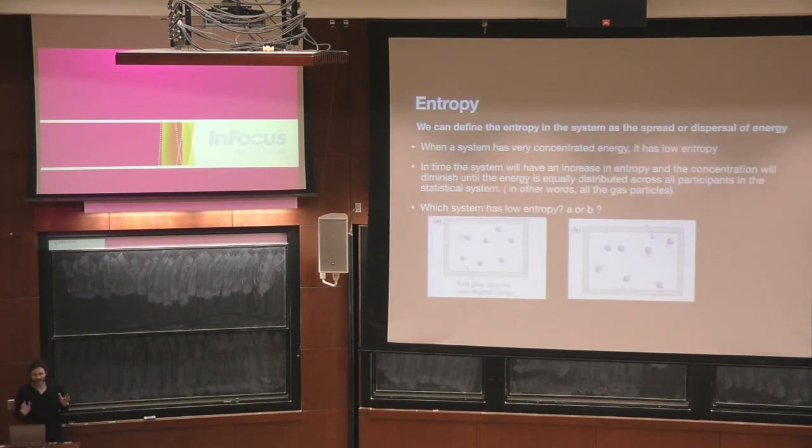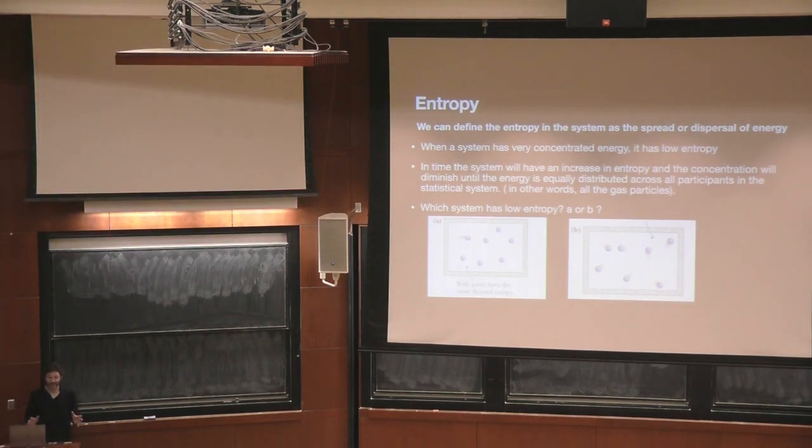So now we can define entropy as the spread or dispersal of energy. When a system has very concentrated energy, it has low entropy. And in time, the system will have an increase in entropy, and the concentration will diminish until the energy is equally distributed across all the participants in the statistical system.